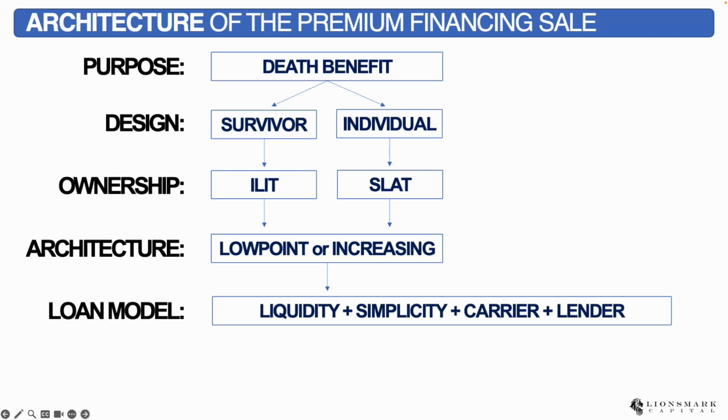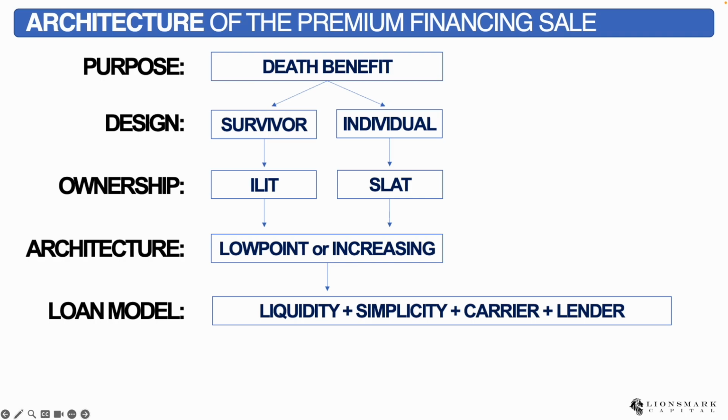So some clients want simplicity, meaning they want a simple design where they're just paying a flat dollar amount for 10 years. Other clients don't mind a little bit more complex type of structure where the interest payments may extend out past year 10, sometimes to year 15.